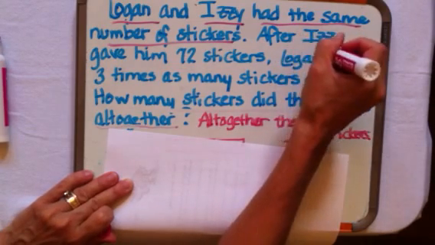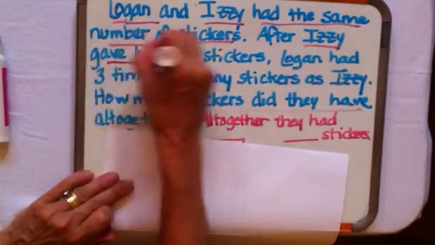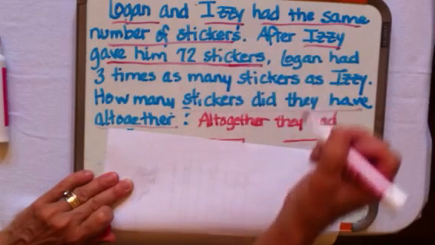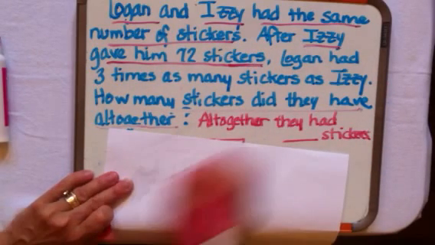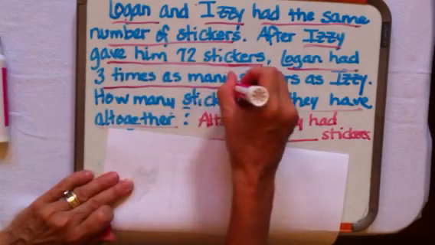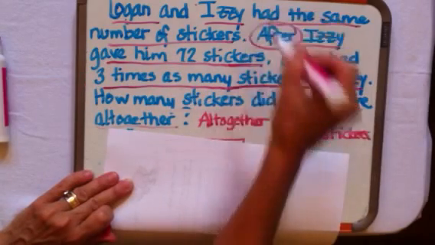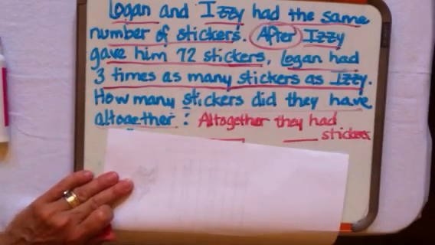At some point, Izzy gives Logan 72 stickers. And at that point, Logan has 3 times as many as Izzy. So, pretty much highlighting or underlining the whole problem, because all of this is really important to know.